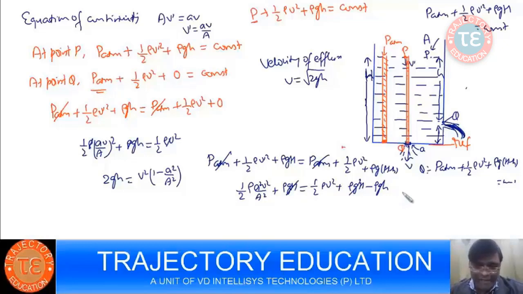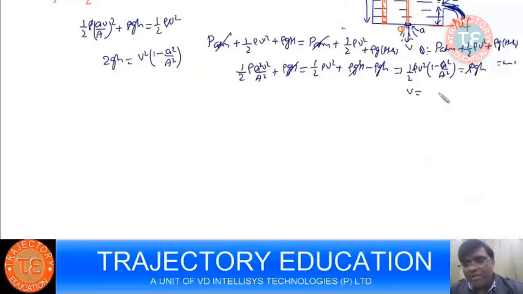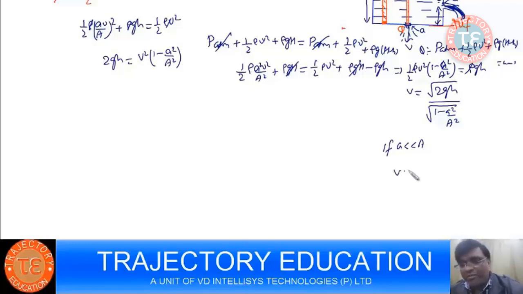So what will I get? I'll get 1/2 rho v square small a square by capital A square and rho g h. So rho will go away and your velocity becomes 2gh (1 minus this). If a is very small compared to capital A, I'll get V equal to root 2gh.